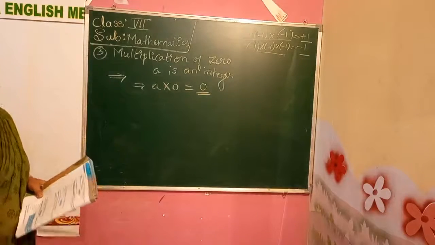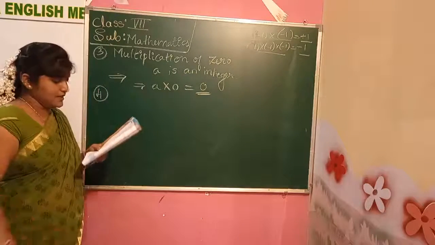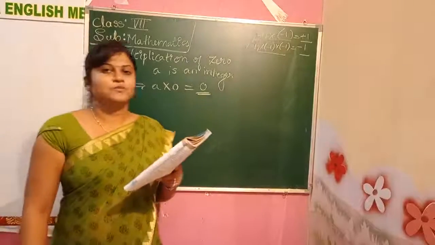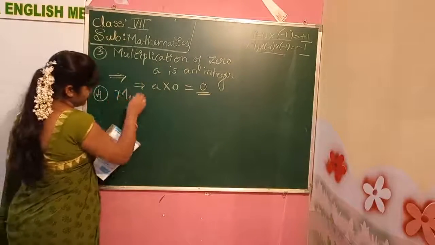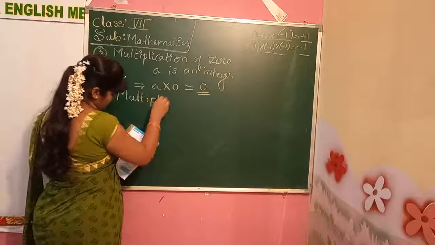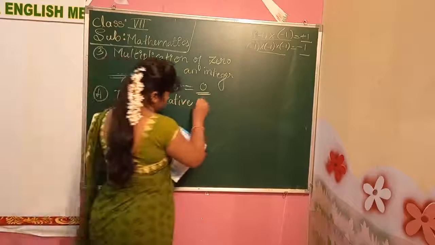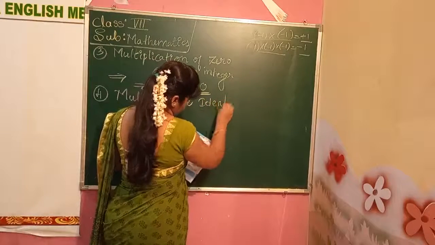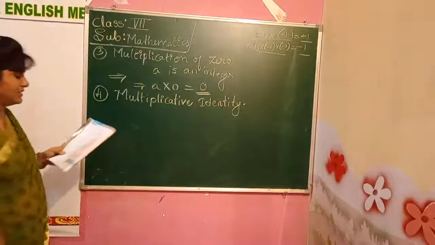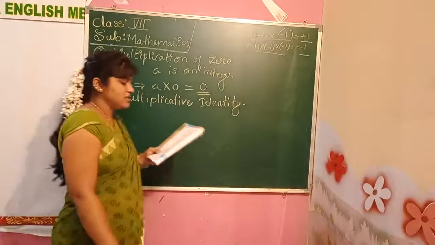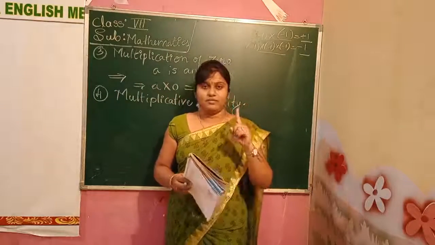This is the third property, children. Now move on to the fourth property, that is multiplicative identity. Multiplicative identity means when we multiply any number with a 1.